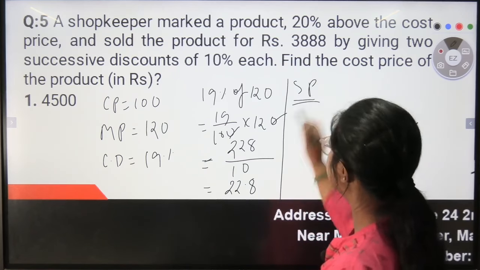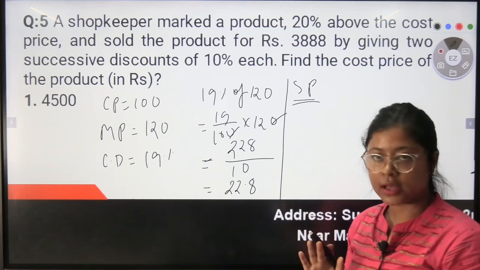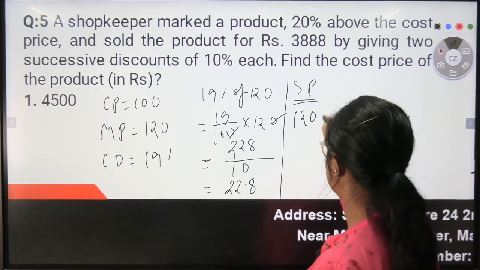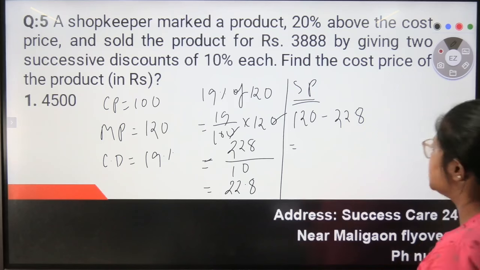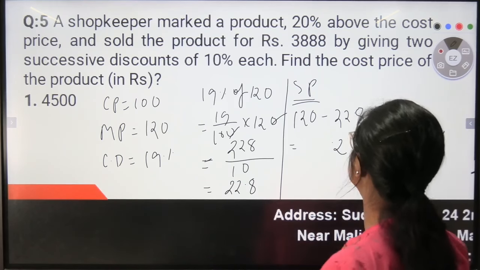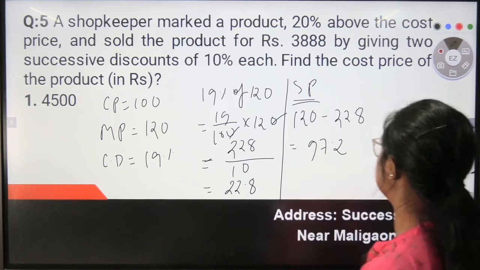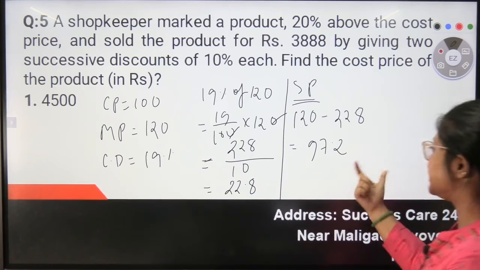Because after giving some discount, I have sold the item to another person. So my SP would be 120 minus 22.8, which is 97.2.